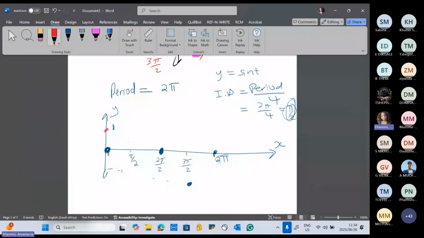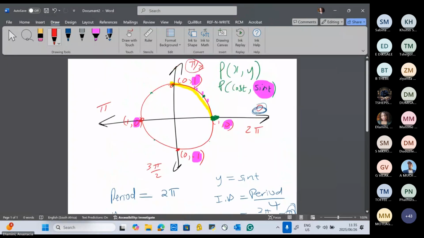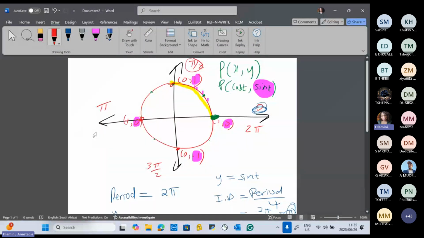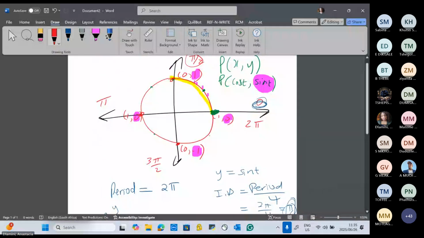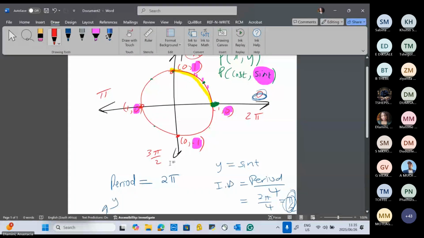At pi over 2, what is our cos value? 0. So we come here, 0. And then at pi, what is our cos value? Negative 1, which is here.